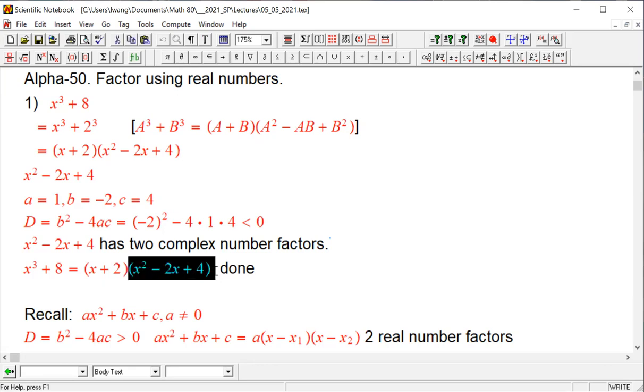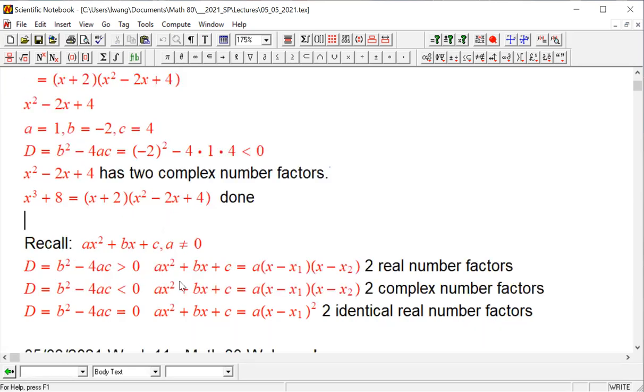This quadratic is also called quadratic irreducible. What it means is that in real numbers, that's the last factor you can get. If you go one step further, you get to complex numbers.